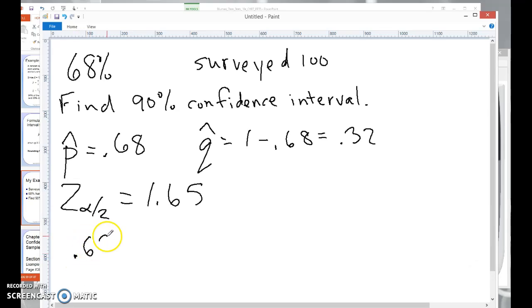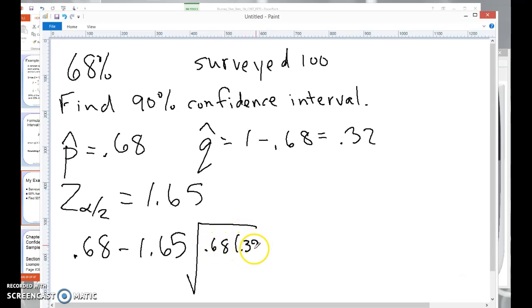I have all the pieces I need to go ahead and find that interval. Taking P hat minus our Z sub alpha divided by 2, that should be 1.65 times the square root of P hat times Q hat divided by 100. That's the sample size.